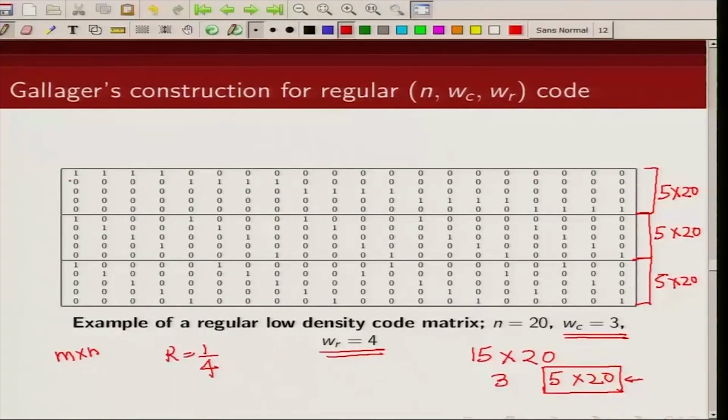You start writing ones in descending order, starting here from location 0. WR in this case is 4. So in the 0th row you write ones from column 0 to 3, in the next row from column 4 to 7, and like that you keep writing ones.